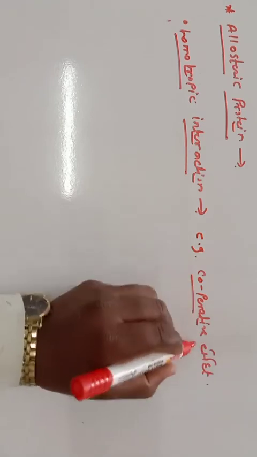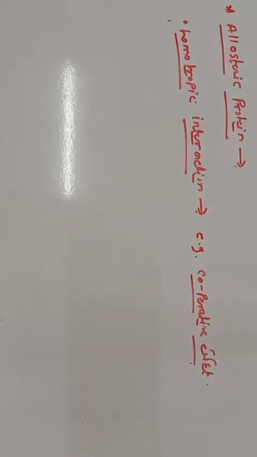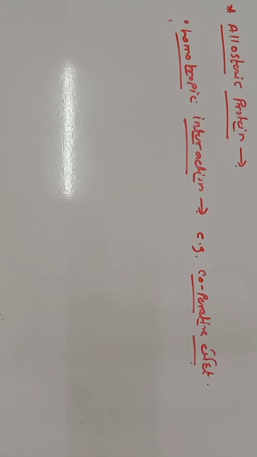So what is this cooperative effect? The phenomenon of cooperativity in hemoglobin can be explained by considering the binding of oxygen and finding out the rate constant.